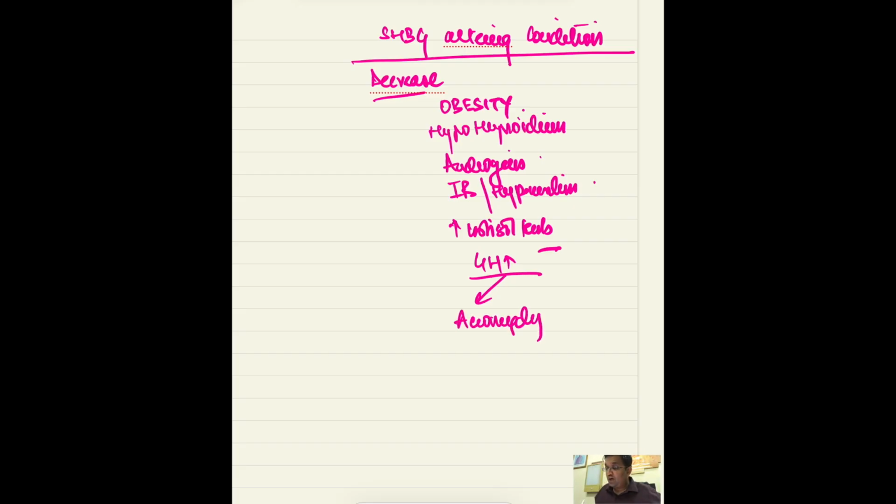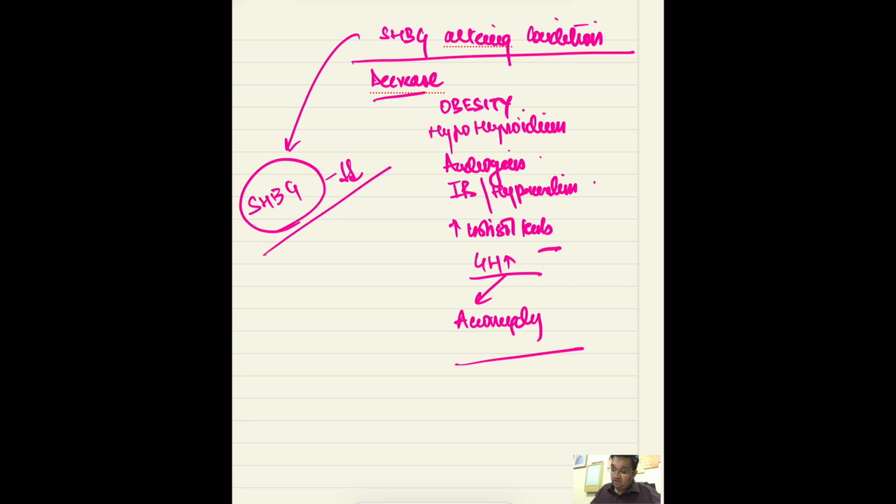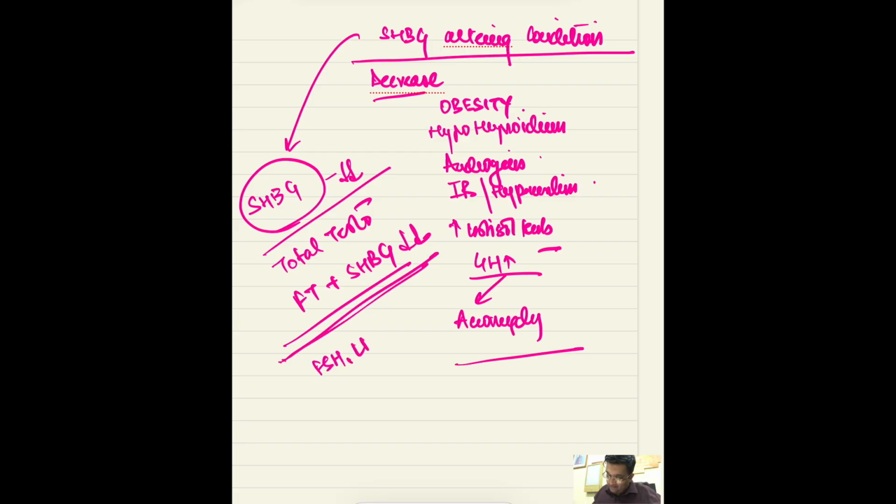So what is going to happen? If the SHBG is going to come low, the total testo, that is free testosterone plus SHBG-bound, is going to reduce, while the FSH-LH will remain normal, as the free testosterone is normal, and free testosterone is the one that maintains the negative and the positive feedback.